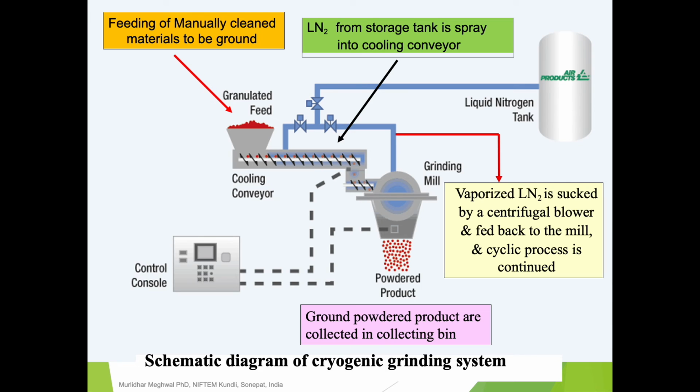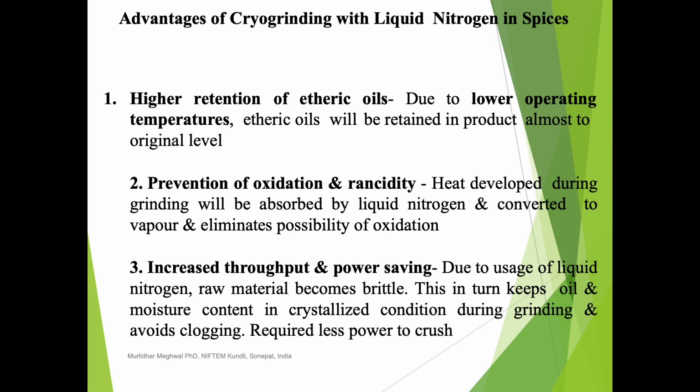The grinding takes place. The vaporized liquid nitrogen is sucked by a centrifugal blower and fed back to the mill, and the cyclic process is continued, and in the grinder the finally ground powder is collected. So this is a schematic diagram for the cryogenic grinding system.